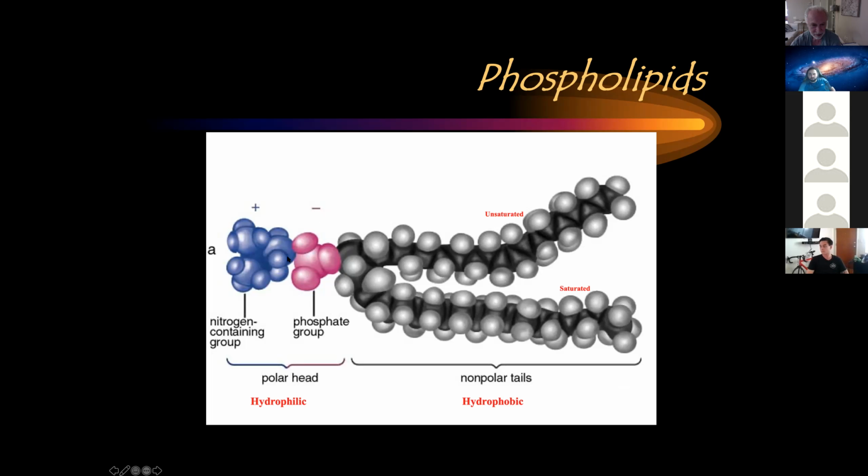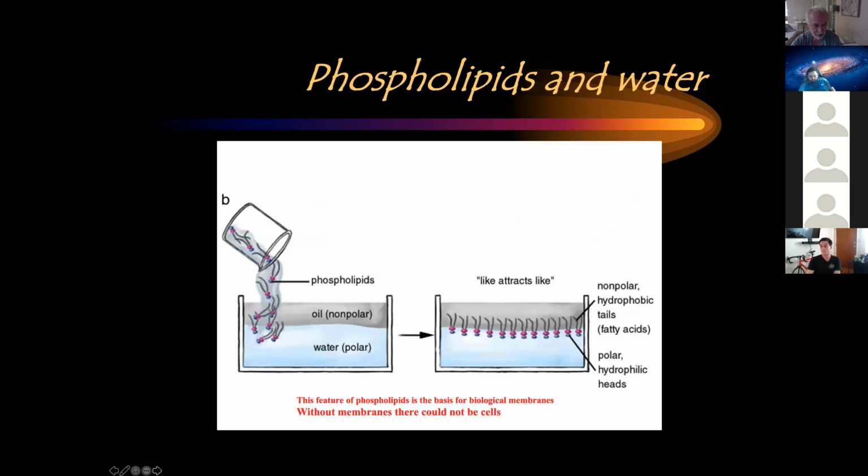So keep in mind this is the structure of a phospholipid, which is critical to the development of life to begin with and its maintenance. Phospholipids are peculiar in that they have these opposite ends.